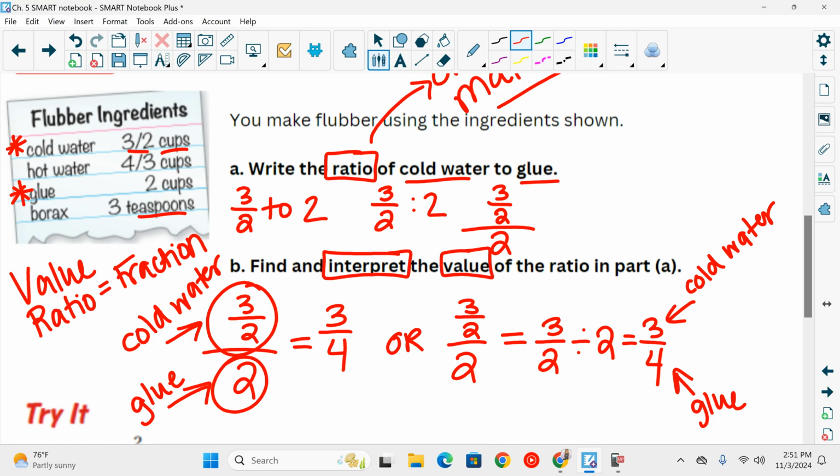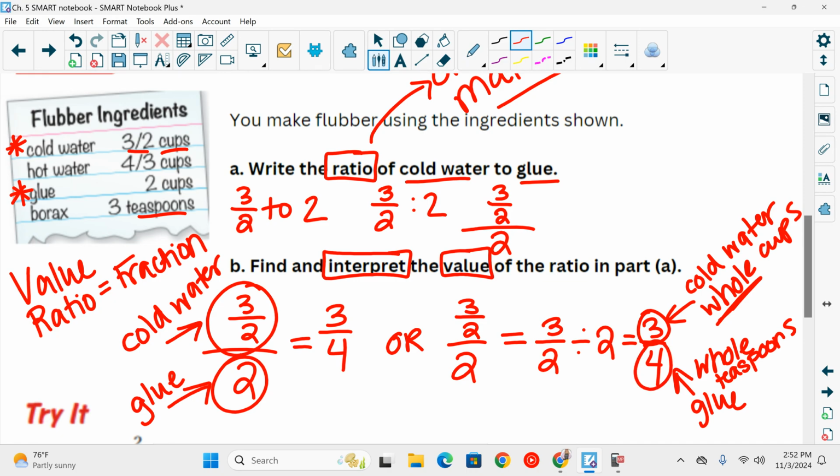What it's meaning is that if you're going to do this, if you have 3 whole cups, whole being the key word here, 3 whole cups of cold water, then you need 4 whole, whatever the measurement was, teaspoons of glue. So we're talking that's giving that value there. So that 3 is 3 wholes, and that 4 is 4 wholes set up as a ratio.